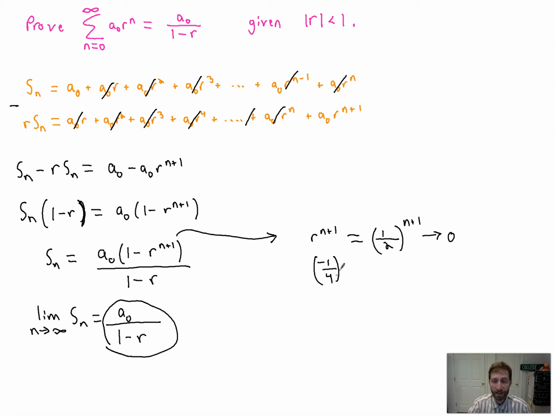Well, if I raise that to the infinity, even though it's going to alternate, positive and negative, it will eventually get so big in the denominator. And this is going to be 1 or negative 1 over huge, which goes to 0. And that makes this go to 0. 1 minus 0 is 1, leaving you with a sub 0 over 1 minus r. Get out of here. It's so awesome. That just proved that the sum of an infinite geometric series is the first term divided by 1 minus r.